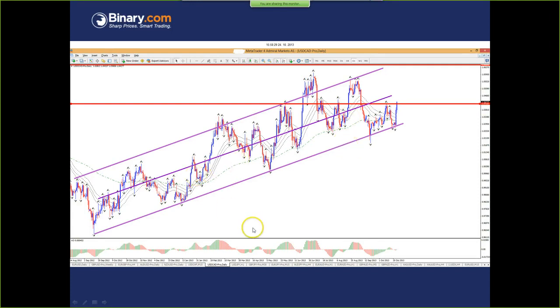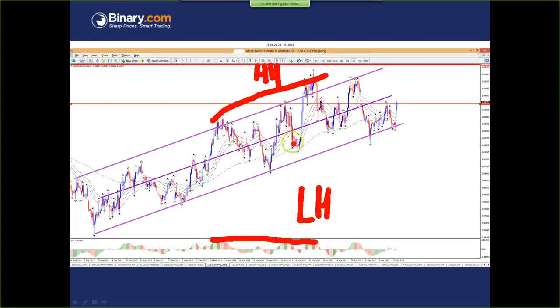Other things, let's take a look at, for instance, these tops in here. When we connect a line between these tops, we see price is making a higher high. When we connect a line between these tops, we can see price is making a lower high. What that means basically is price is not being backed by the oscillator, and that's called divergence.